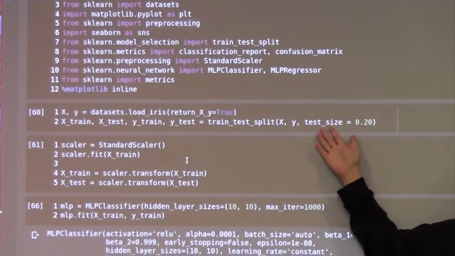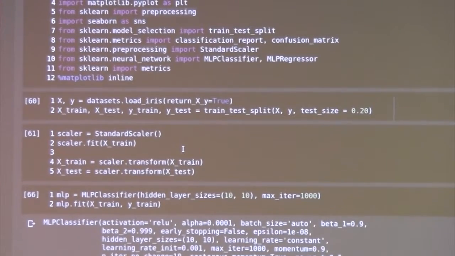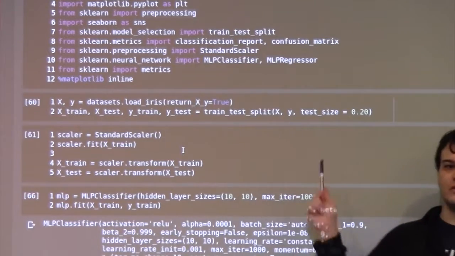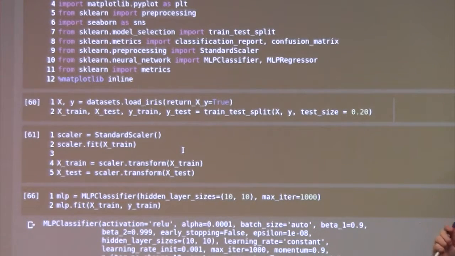So the other 20% is all stuff that our model has never seen before. In the case of our logistic regression, I had not done this, so it was data that it had already seen before. Does that make sense?